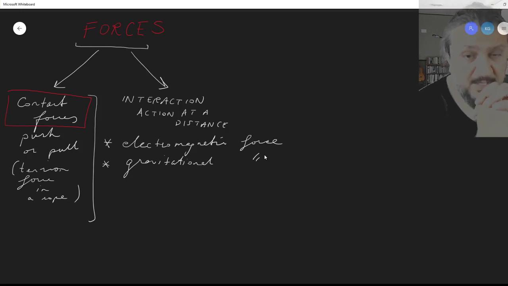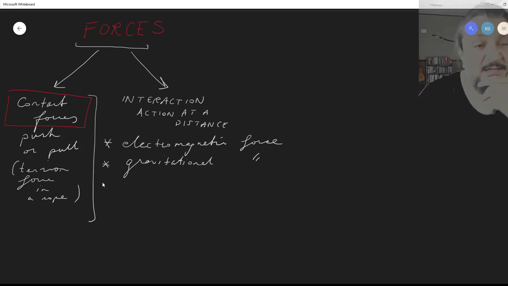Okay? Turns out that in nature there are only 4 of these forces. So 2 of them are electromagnetism and gravity. There are 2 more, add up to 4 in total. Let me just give you the names now and explain just a little bit. It's not really our topic today.